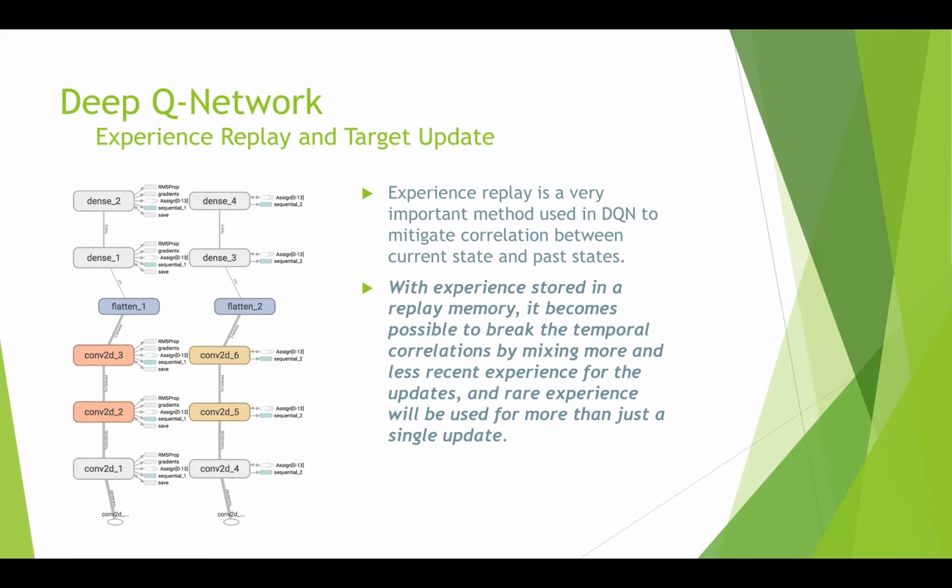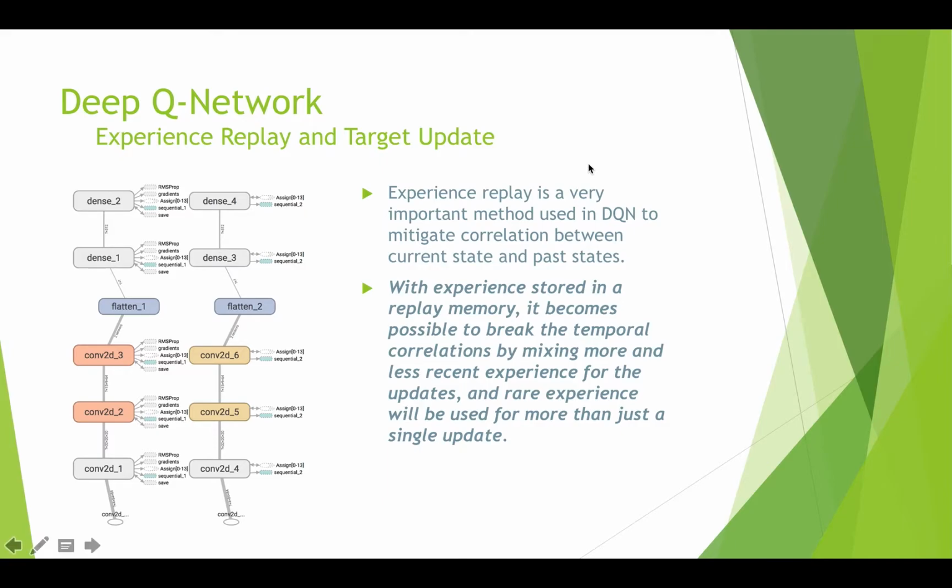Each time, the memory will output a small batch of random experiences, for example, the experience from 1 or 2 minutes before, to train this Deep Q network. This method will mitigate the correlations between the current state and the past state.